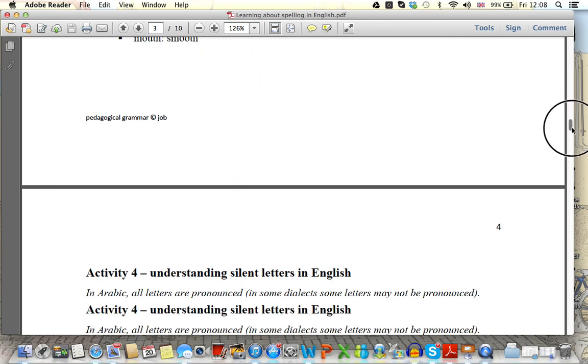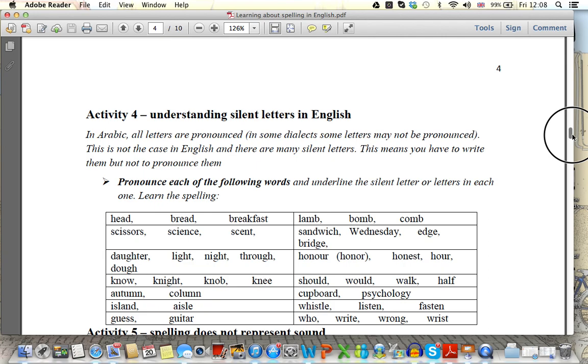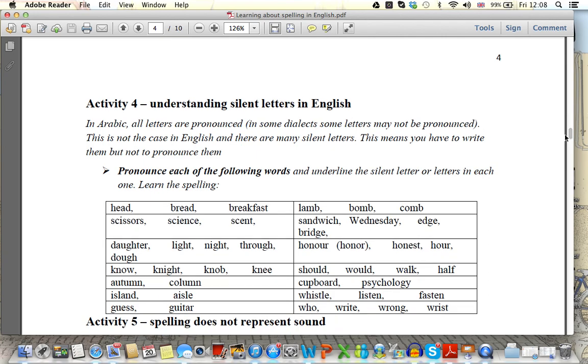Right, so let's move on here to silent letters. Now this again can be problematic for spelling, as we have many words in English that contain silent letters. So when we look at the first examples here, we have a silent vowel. We have head, bread, where you don't really hear the ah sound.